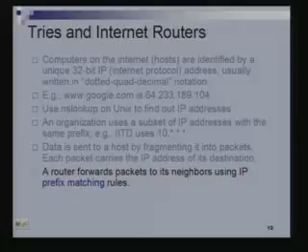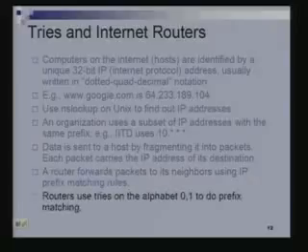It says: take the IP address of the packet and find out the longest match, right? So your table would have: anything that begins with a 10, send it here; anything that begins with 10.27, send it here; anything that begins with 10.27.36, send it here.